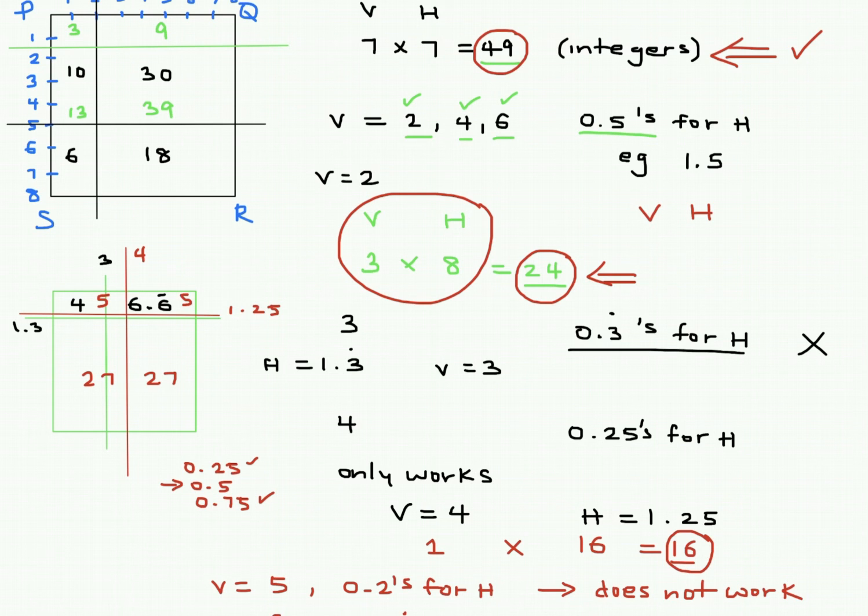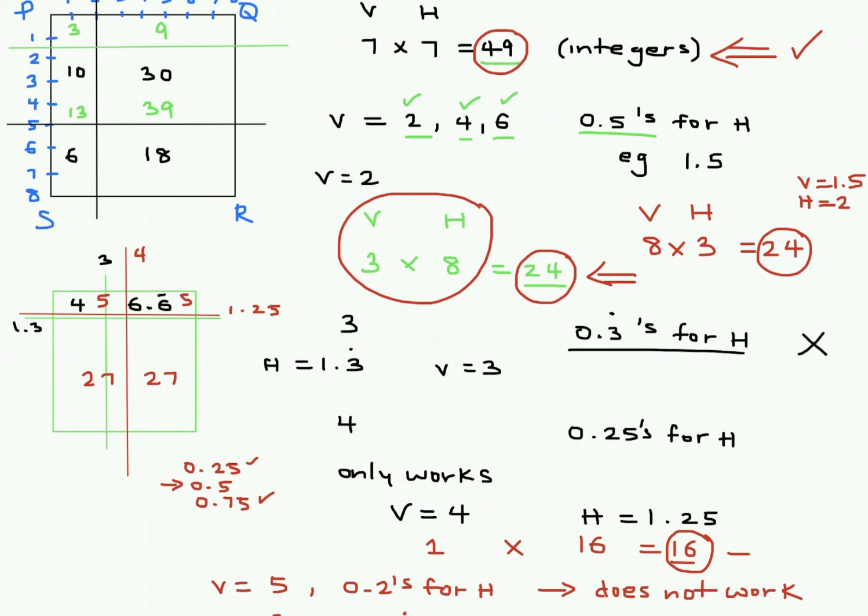So you can have the 3 possible numbers for h and 8 possible numbers for v. And that would give you another 24. So you notice here I gave you v equals 2 and h equals 1.5. I could have also done the same thing as v equals 1.5 and h equals 2. So that's why you get another 24.